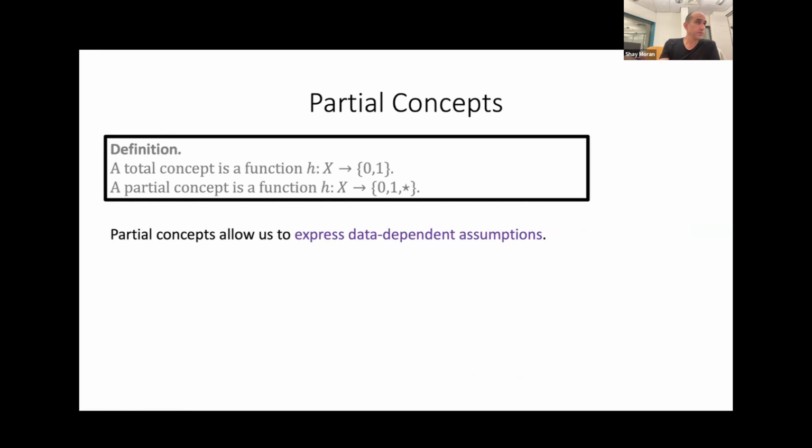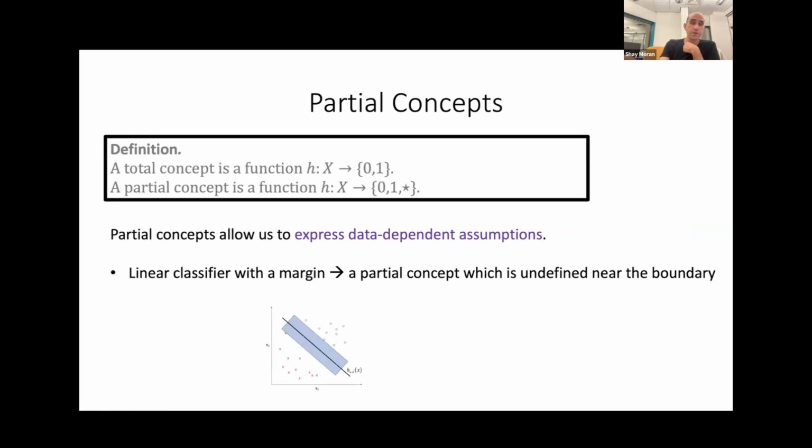Now, once we have these partial functions, it allows us to express these data-dependent assumptions. For example, a linear classifier with large margin will just correspond to a partial concept, which on the positive side, far away from the boundary, is positive.